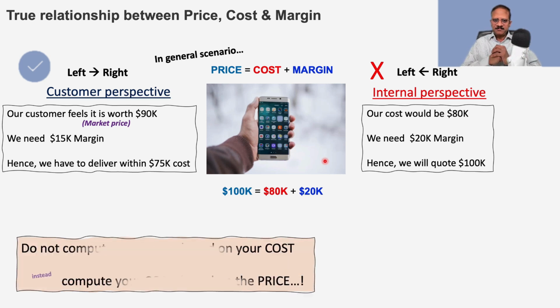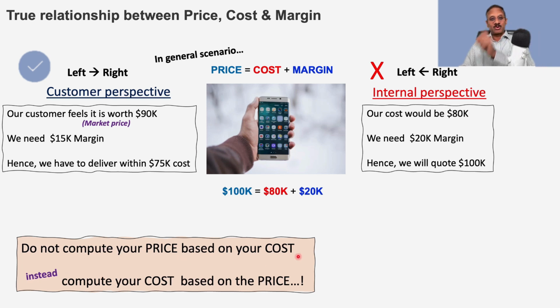That's the experience of the people. So what we're trying to say is, do not compute your price based on your cost. Instead, compute your cost based on the price, how much price would fly. That's it. As simple as that.